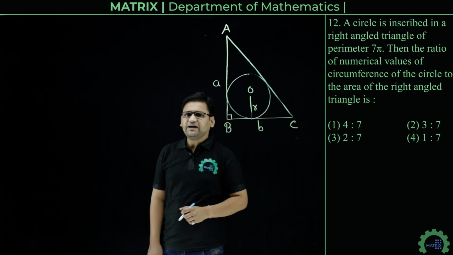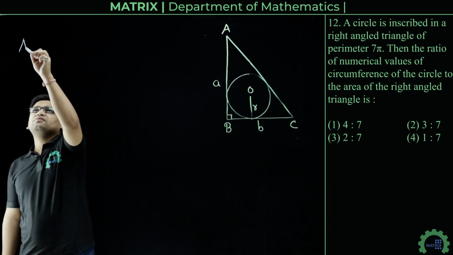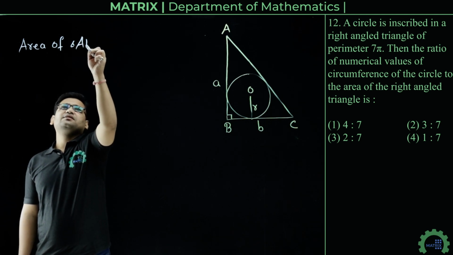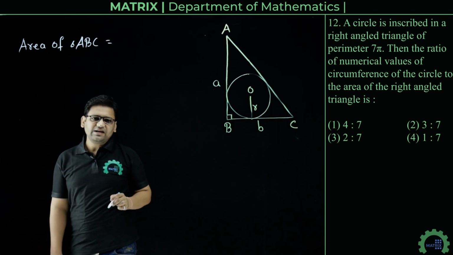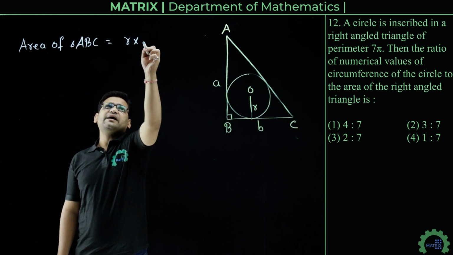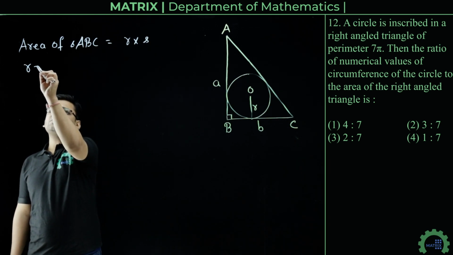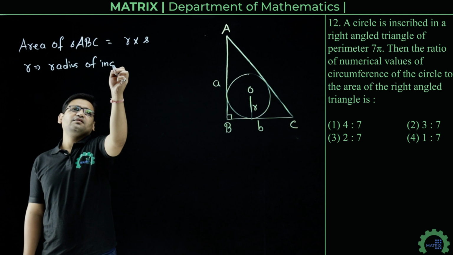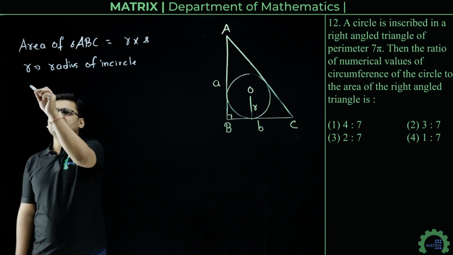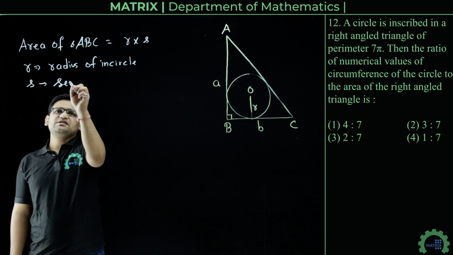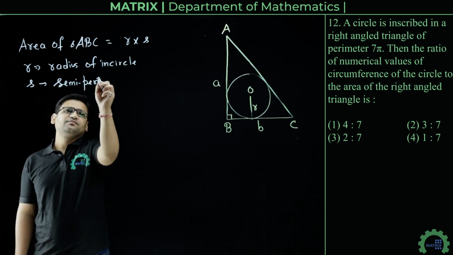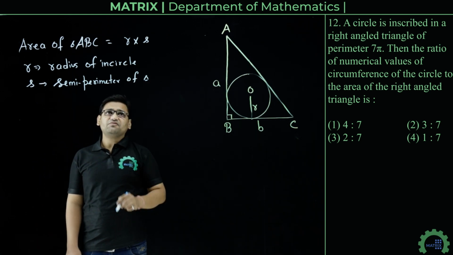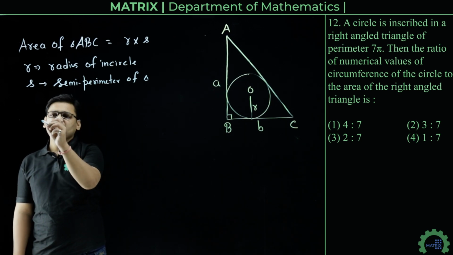Now the area of the right angle triangle, area of triangle ABC, we know will be equal to r into s, where r is the radius of the incircle and small s is the semi perimeter of the triangle.